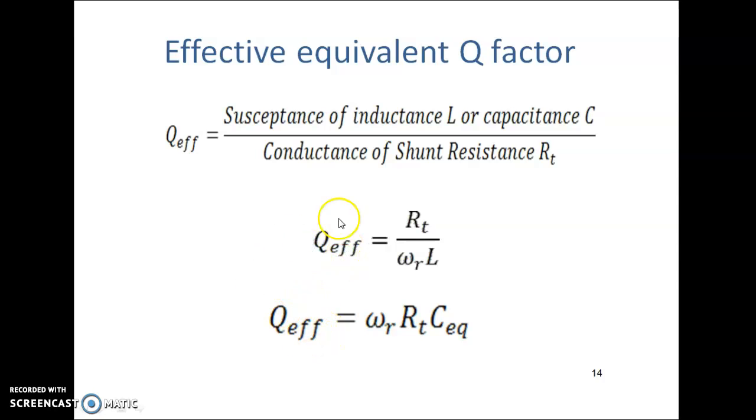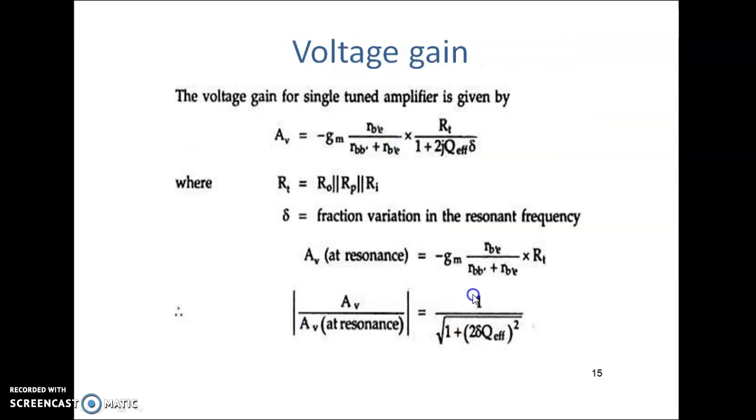Here you can see the quality factor depends on your device resistance, because RT is nothing but R0 parallel RP parallel RI. And if you define the quality factor in terms of the equivalent capacitance, the equivalent capacitance includes your Miller capacitance.